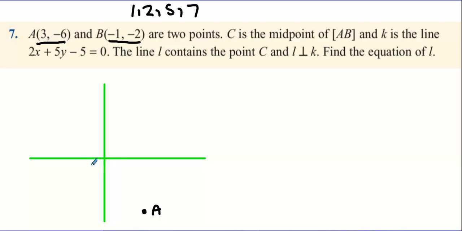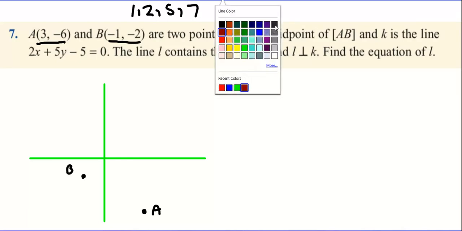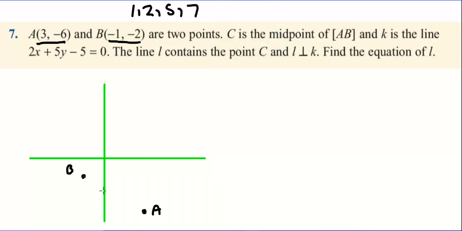B is 1 to the left and 2 down, so B would be around here somewhere, just a rough diagram. Then somewhere there's a midpoint between A and B. So we're just doing this roughly, guys. This is just a rough diagram to help you figure out what's going on. So C is going to be somewhere in here.